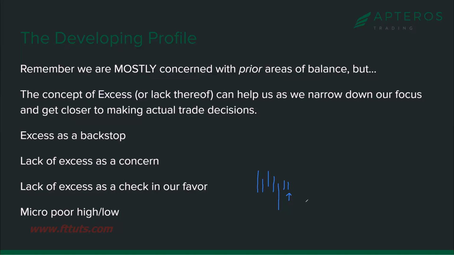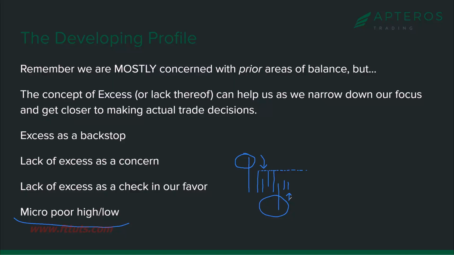Well, in fact, sorry, let me make it, just for the sake of this example, to be specific about a micro poor high, poor low. We had B period and D period right here at the same high. And let's say this one did it too. We had 3 TPO periods, which formed the exact same high. And we've got nice excess at the low. We do have some excess at the high, but we have a micro poor high. A micro poor high is one that occurs inside the extremes of a developing profile.